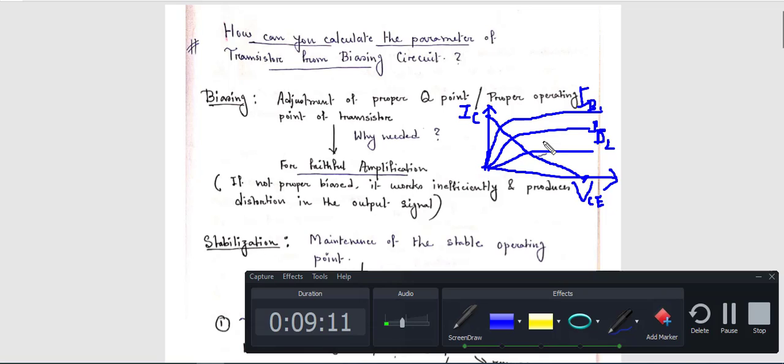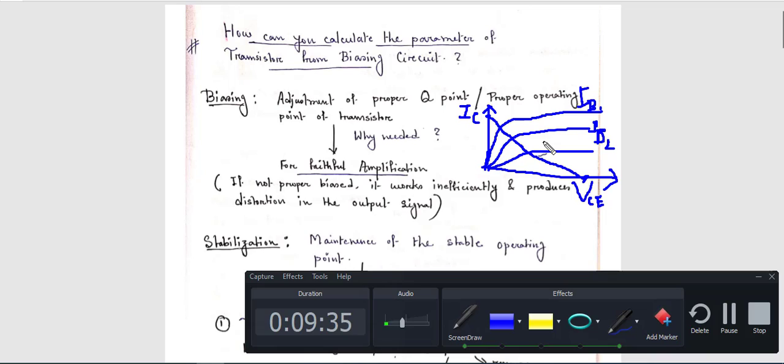That's why biasing is needed. That means you have to modify the transistor characteristics or transistor circuit in such a way that you get faithful amplification, and for faithful amplification you have to choose the Q point in such a way that it lies in the middle of the active region.